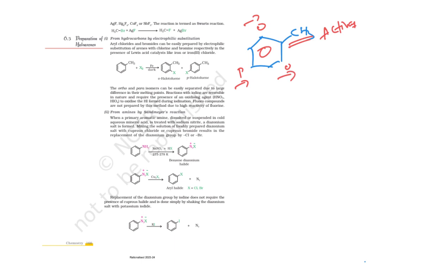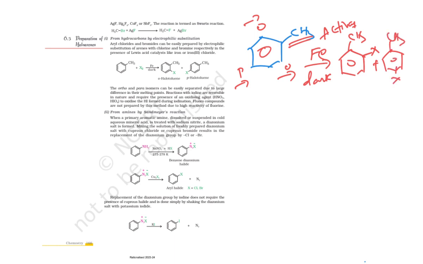Since this is an electrophilic reaction, the reaction is going to happen at the ortho and para positions. So your product is going to be the ortho product plus the para product. Clear?